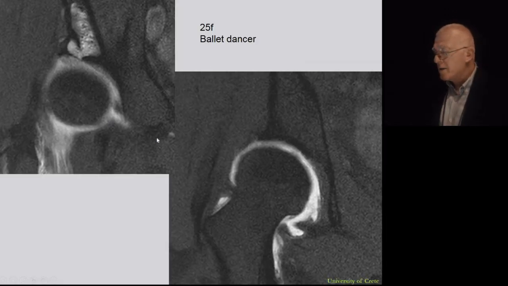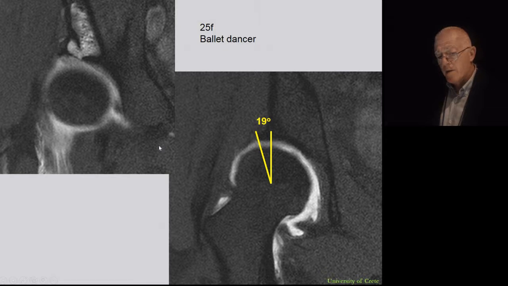In another athlete, an MR arthrogram of a 25-year-old ballet dancer, we see the abnormal CE angle and the development of osteoarthritis with huge geode formation within the acetabulum, which is filled with contrast because of communication with the joint space.